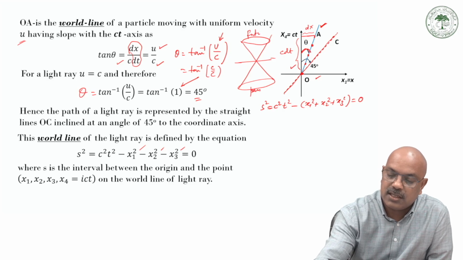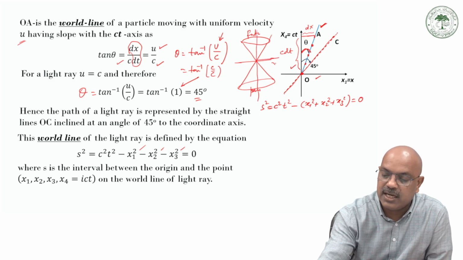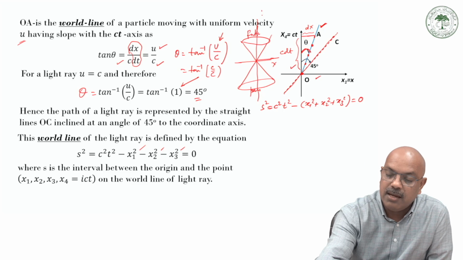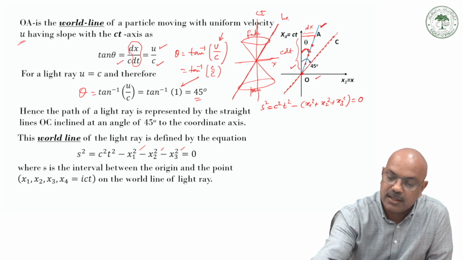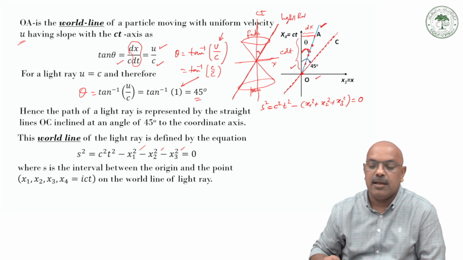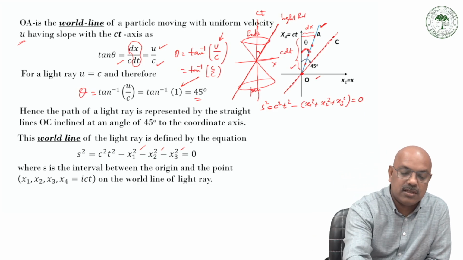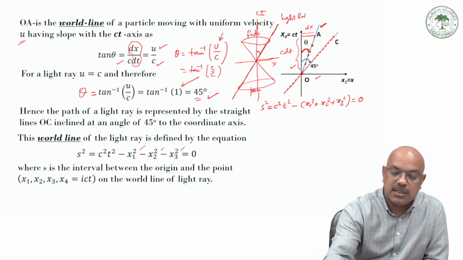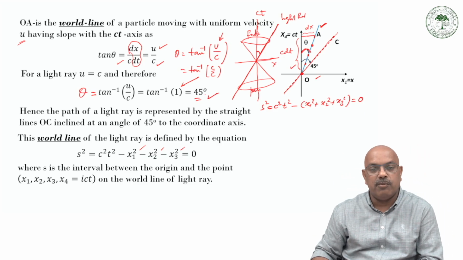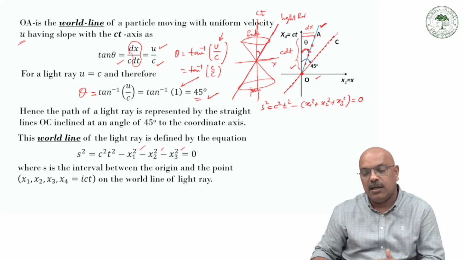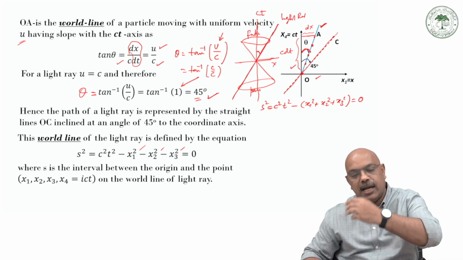If you draw an axis, this is my x-axis and this is my time axis ct, then this line represents the world line of the light ray. That's why this is always going to be 45 degrees. Why? Because this u by c formulation tells you that the world line of a light ray has to be at 45 degrees.